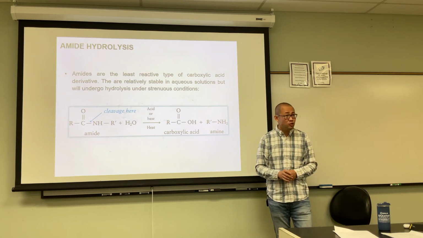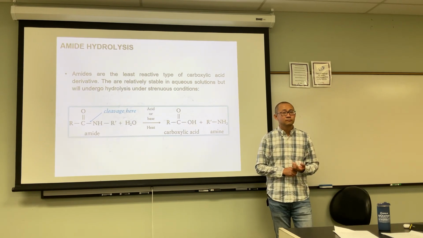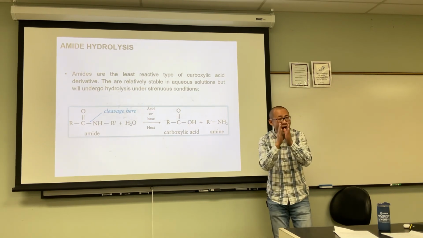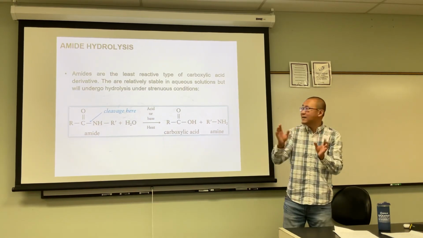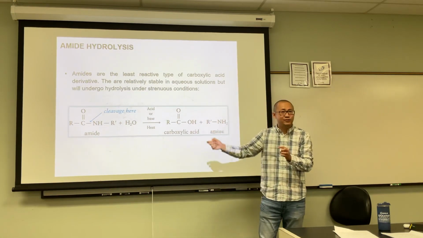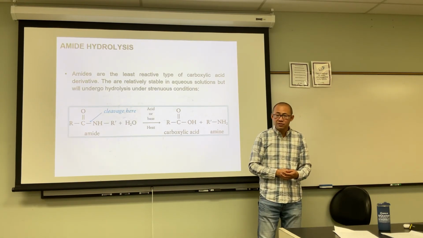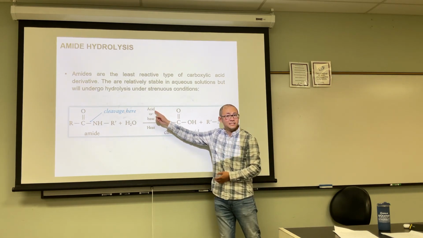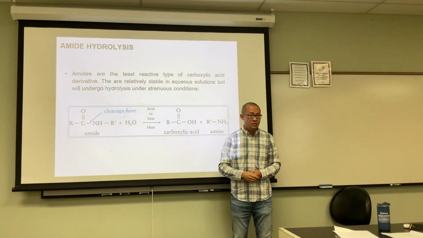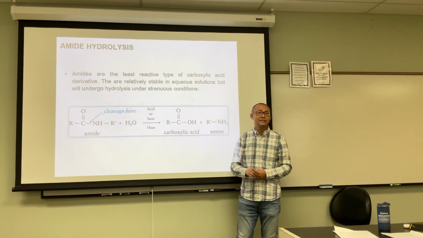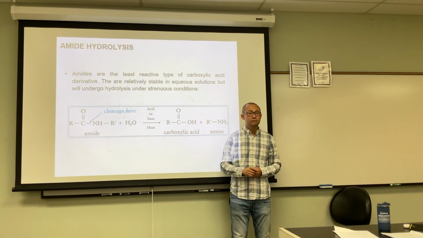Amide bonds are supposed to be strong and tough, because all animals are built on amide bonds. The proteins are amides. So in order to hydrolyze an amide, it's not as easy as just adding OH and H, or simply adding water. You have to provide either an acid or a base if you want to hydrolyze an amide. Good?